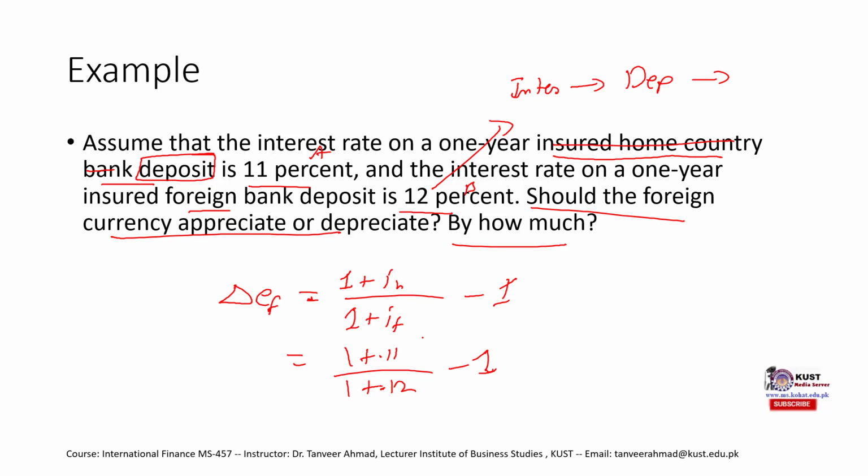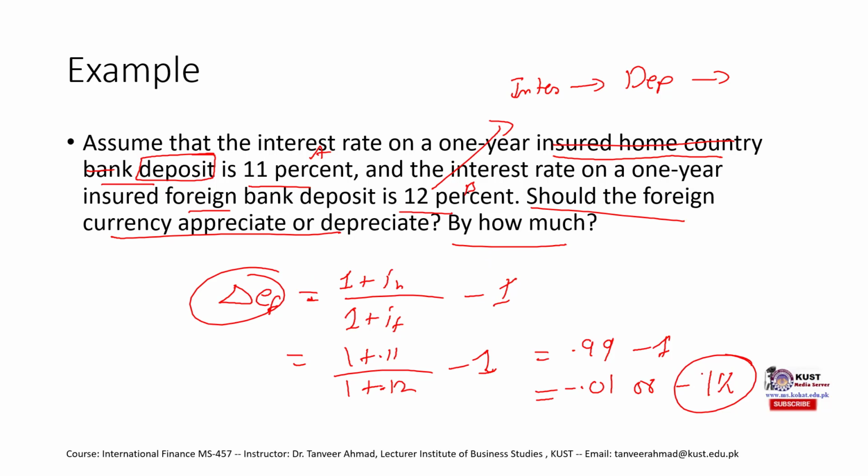If we simplify this equation, we get 0.99 minus 1, and that would be minus 0.01, or minus 1% approximately. So what this means is that foreign currency would depreciate by 1%.